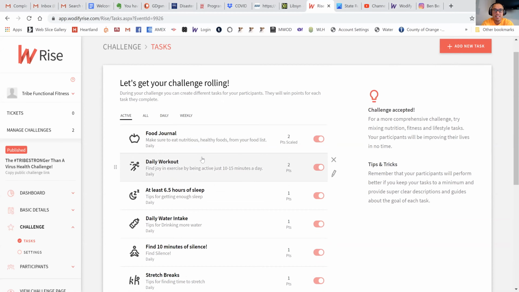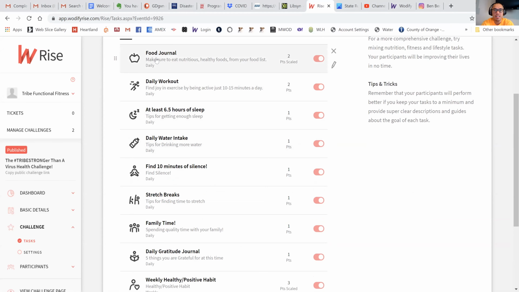Every day, the 8 tasks you can complete are your food journal and daily workout, which are both worth a maximum of 2 points. The sleep task, water task, silence task, stretch break, family time, and gratitude journal are all worth 1 point.